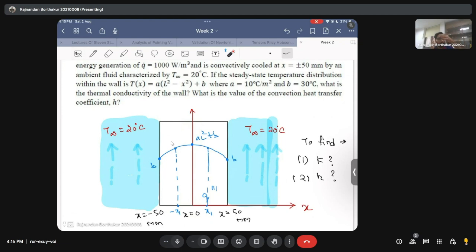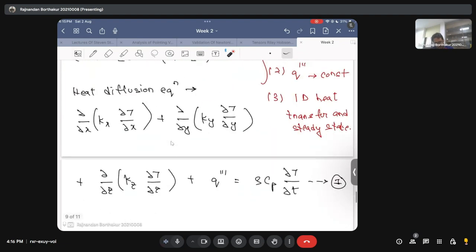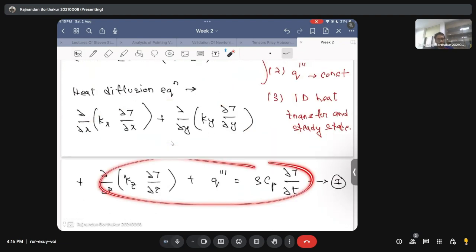Typically this is what you did in your theory classes, and you will eventually get this equation, known as the heat diffusion equation. It portrays how your temperature varies when there is conduction taking place inside a rectangular slab, or in Cartesian geometries. So this is what the heat diffusion equation typically says to you.